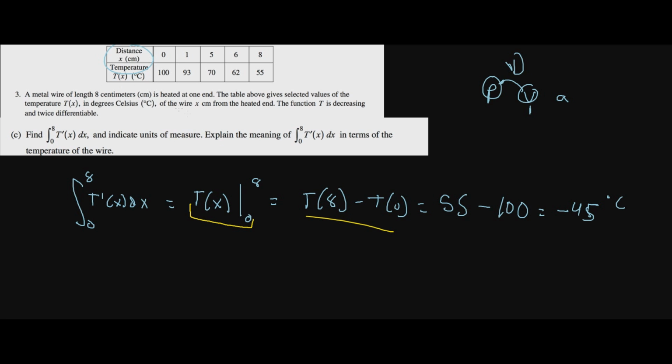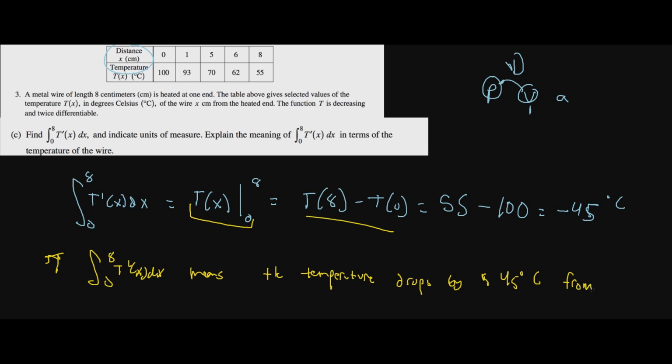Well, from T equals 0 to T equals 8, the temperature dropped. The temperature dropped by 45 degrees Celsius. So we can say this integral of T prime of x dx means the temperature drops by 45 degrees Celsius from the heated end of the wire to the other end.